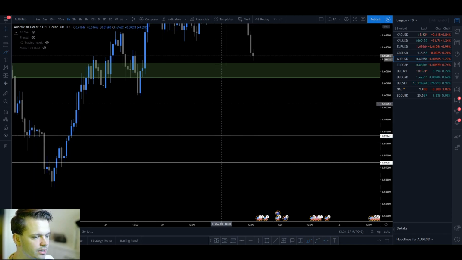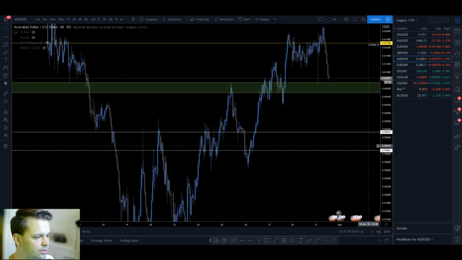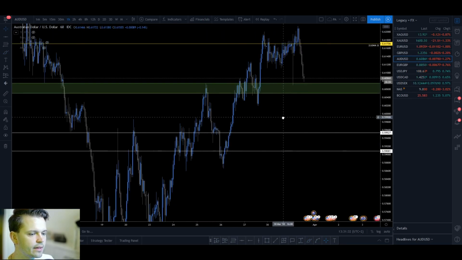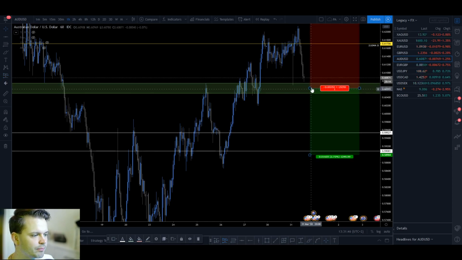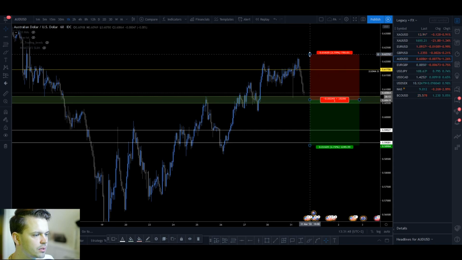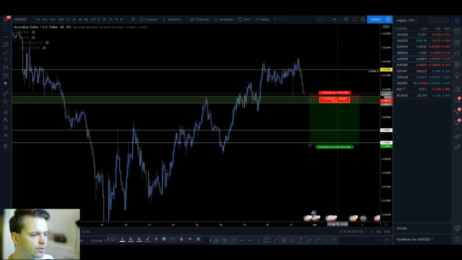Take profit. Let's see how that setup would actually look. Short position, let's say we short that area. Actually, this one is probably better, but let's use that one. Our stop would be this level.